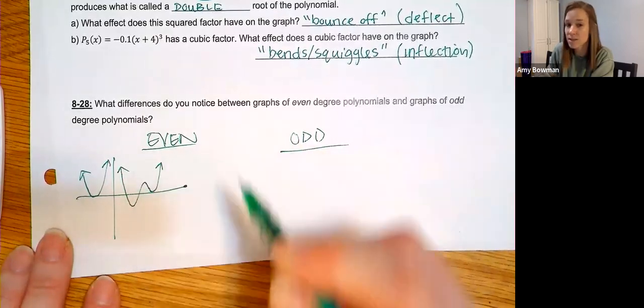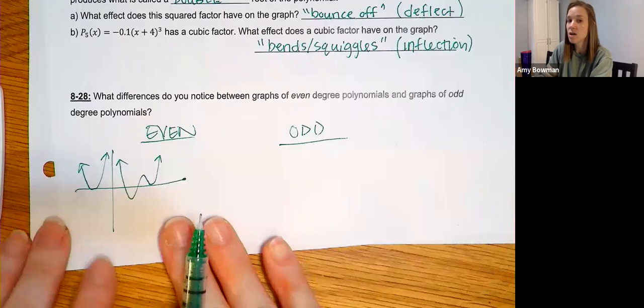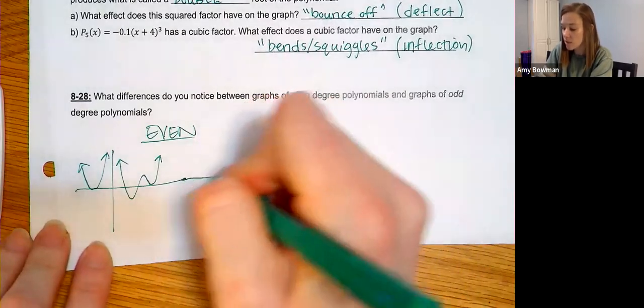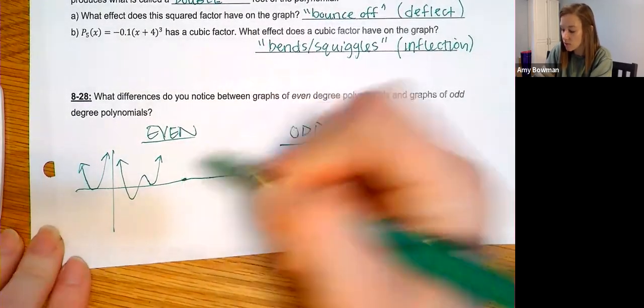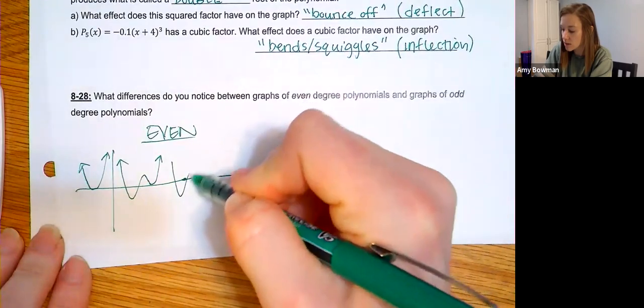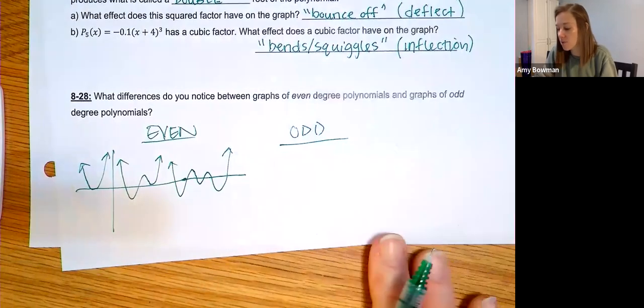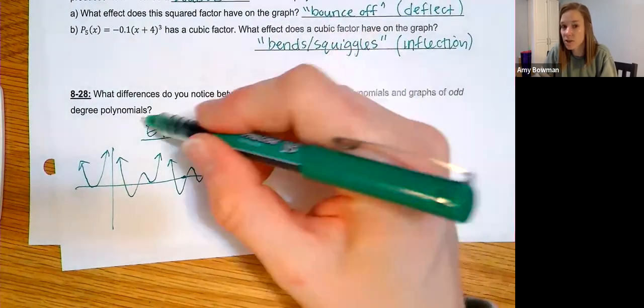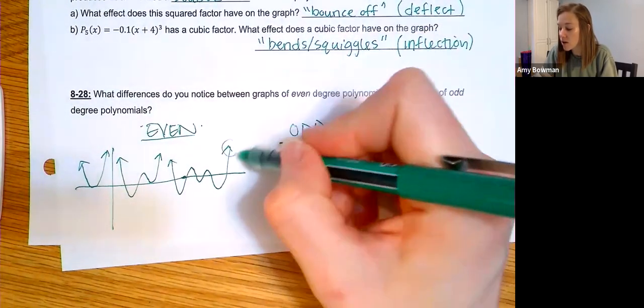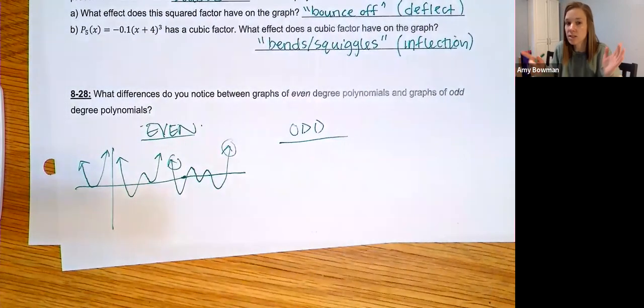We haven't looked at 6th degree polynomials, but we would see similar end behavior. If I had a 6th degree, it could look like this. What I want you guys to pick up on is that all of these even functions, their end behavior on the left and the right does the same thing. So either they are both pointing up or they're both pointing down.